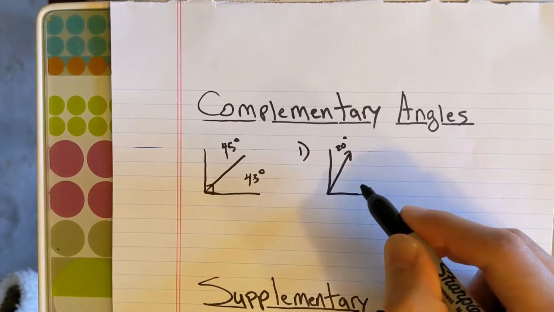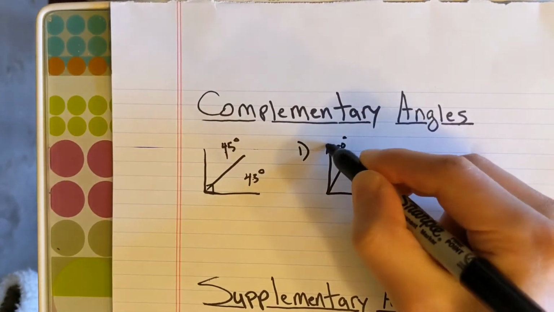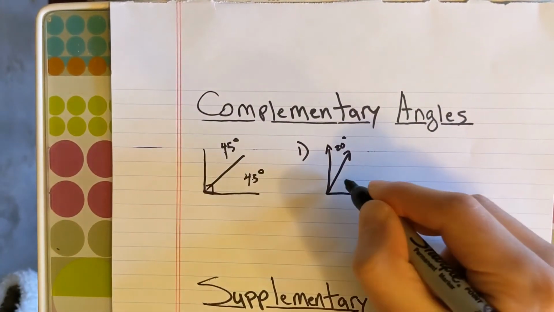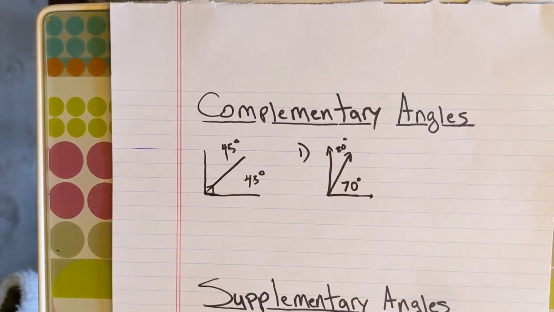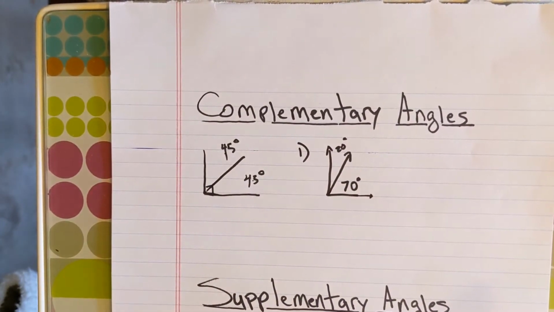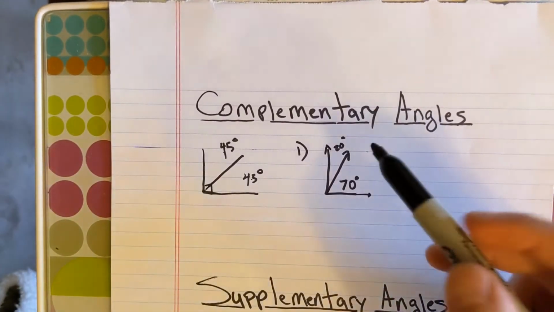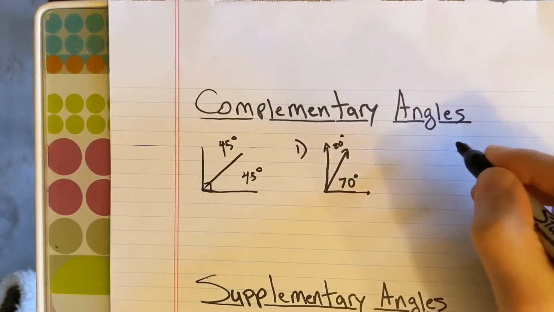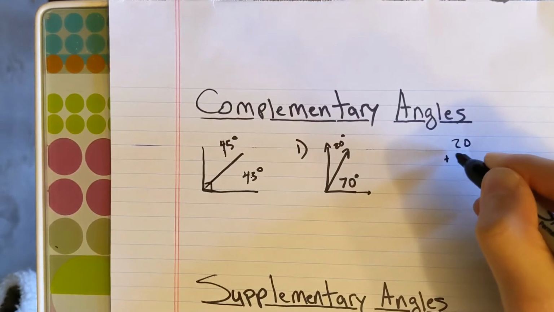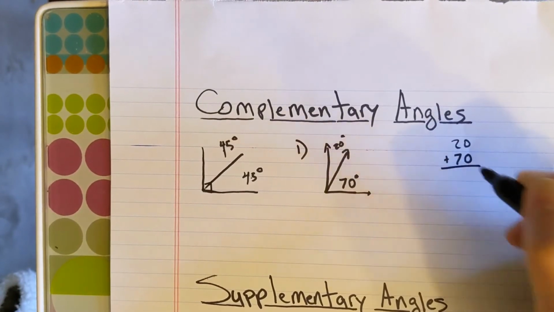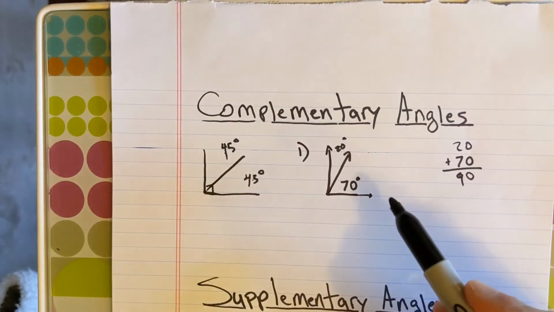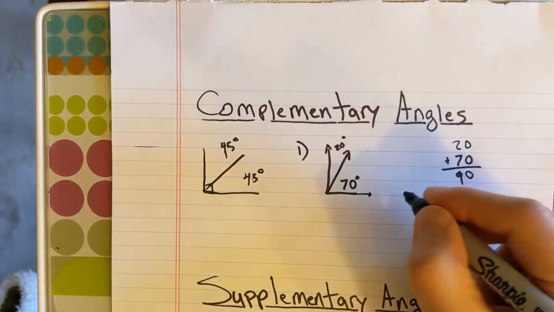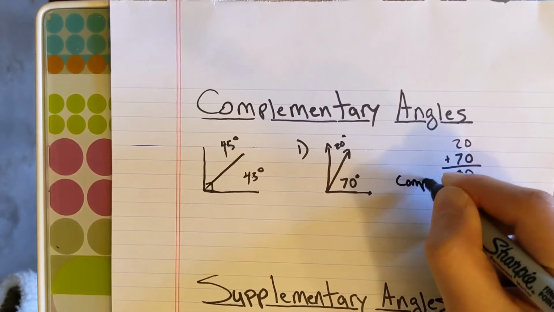And then this lower angle down here, I'll go ahead and put in the arrows as well. And this lower angle is 70 degrees. So it asks, is it complementary, supplementary, or neither? Well, we have 20 degrees and 70 degrees. If we add 20 plus 70 together, that gives us 90. And since we're looking at a 90 degree angle, that is in fact complementary. So you would circle complementary.